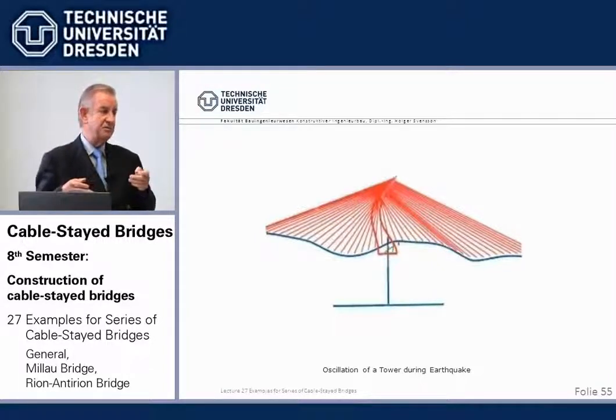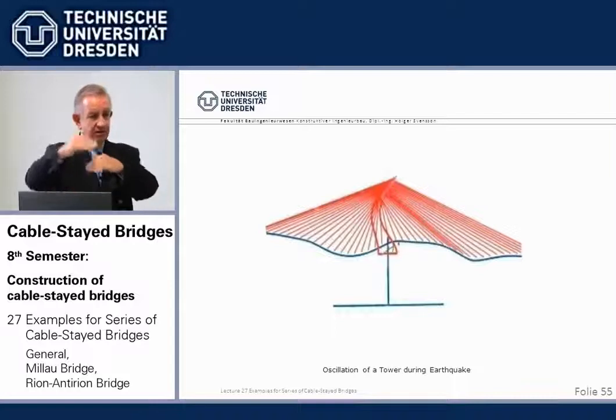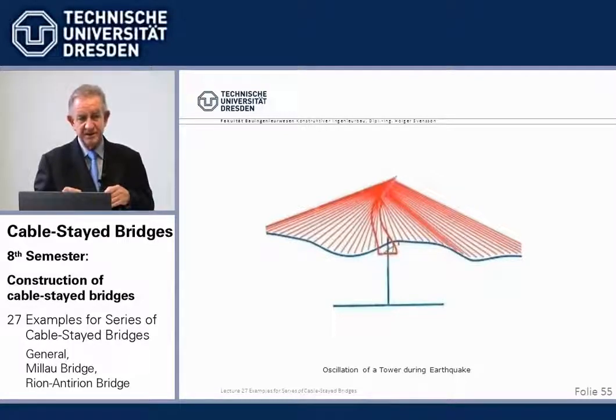And if you do that carefully, and the French have done that, you have to do many runs, and I think they checked 80,000 cross-sections for stiffness and sizing of reinforcement. If you do it really in detail, it's very tedious work.